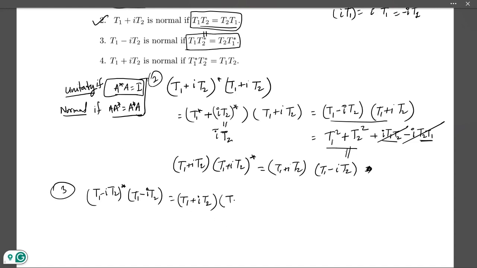And this is nothing but T1 minus I T2, and again, this is T1 square plus T2 square. Similarly, on the other hand, this is also the same as T1 minus I T2 star, T1 minus I T2. Okay, so the third is also correct.